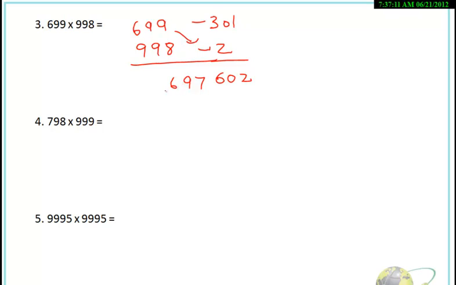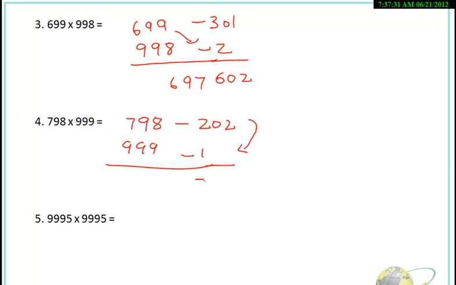Very simple, friends. Similarly, in this example, 798 and 999. Okay, 798 is 202 less than 1000 and 999 is 1 less than 1000. With this multiplication we have to fill up 3 digits, so we'll be getting 202 only and from this subtraction we'll be getting 797. So the very big numbers but the very small, very quick calculation.